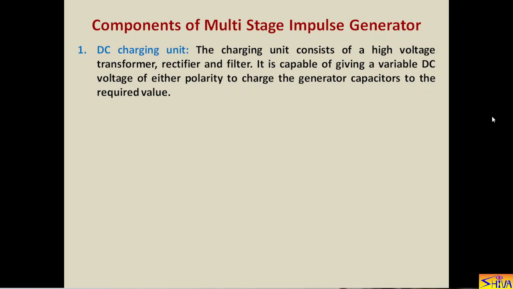It is capable of giving a variable DC voltage of either polarity to charge the generator capacitors to the required value. We require DC charging voltage of either polarity because we may need to test the object by positive polarity impulse as well as negative polarity impulse. So the DC charging unit must be capable of giving the desired output DC voltage of desired polarity.